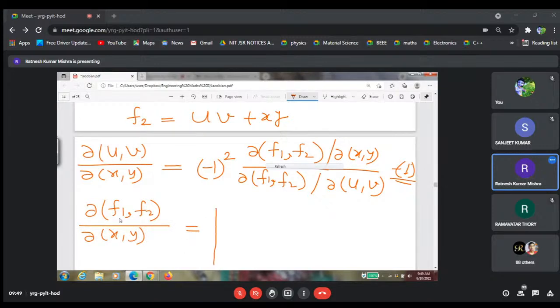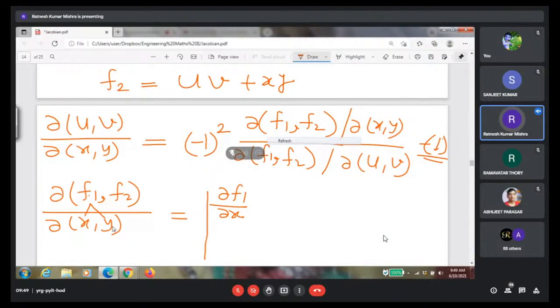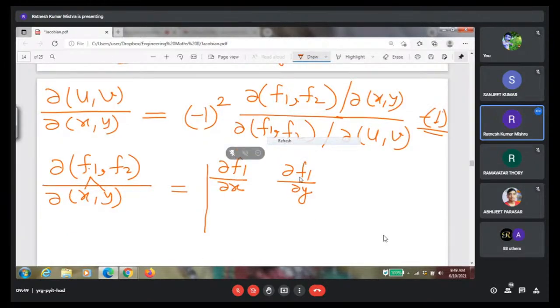This is a determinant. Differentiate f1 with respect to x, f1 with respect to y, then differentiate f2 with respect to x and f2 with respect to y.